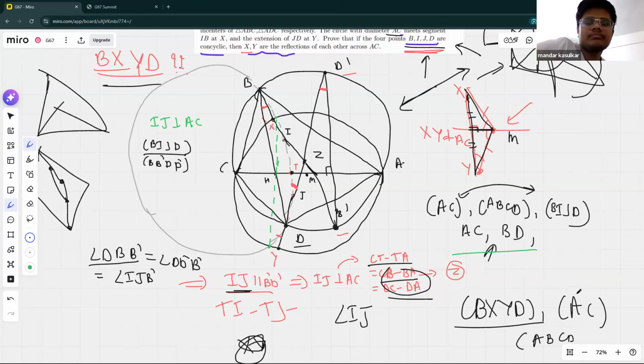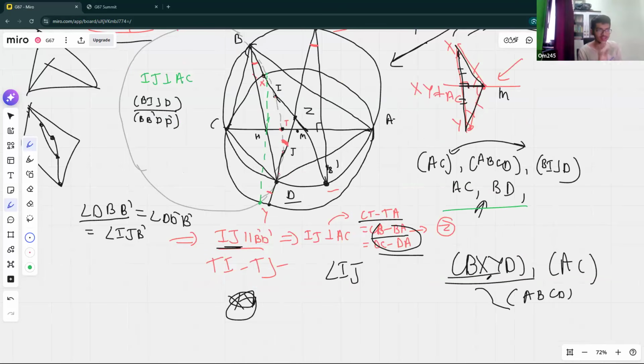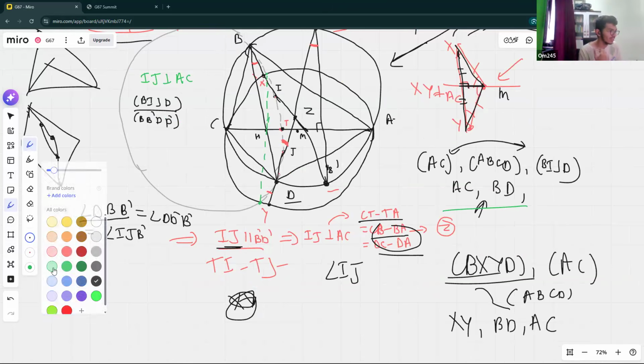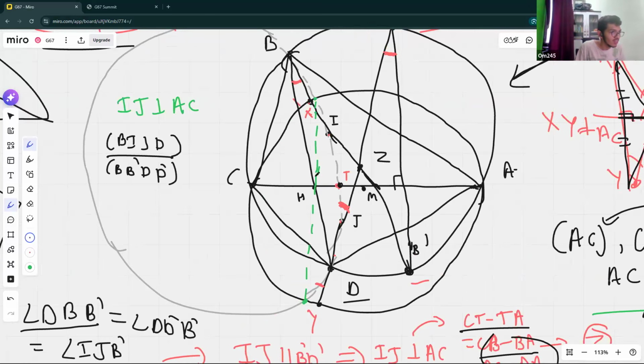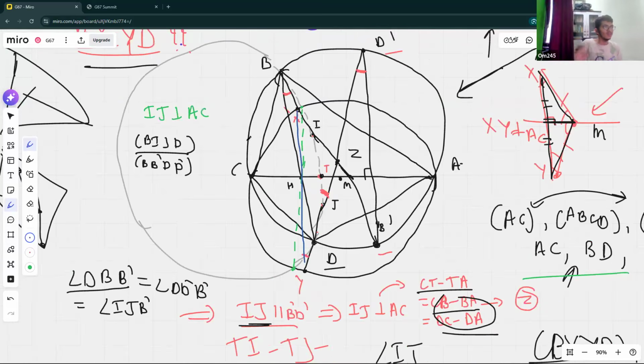If this is cyclic, then these three circles and radical axis imply XY, BD, AC are concurrent. So we want to show that in some sense they should be collinear. If we prove these are collinear, then we can use power of a point: HX into HY is HA into HC equal to HP into HD, which implies the cycle.